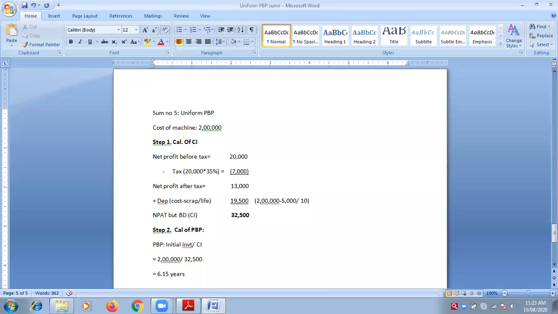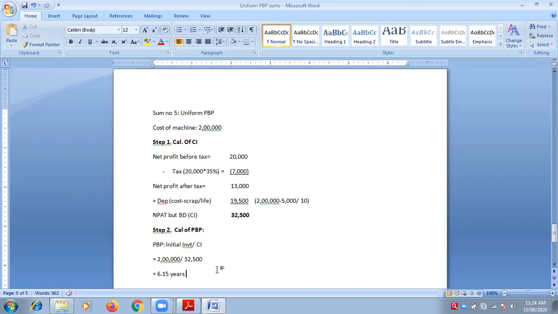That means 2 lakhs will be covered in around 6 years. Is it feasible? No, it is not feasible. It is not feasible to buy this machine because it is costing me just rupees 2 lakhs, but it takes me 6 years to cover this amount.